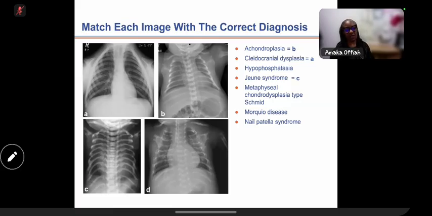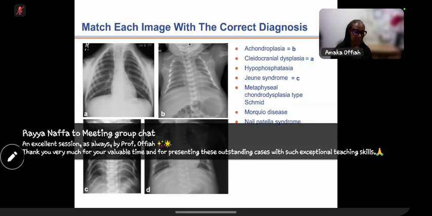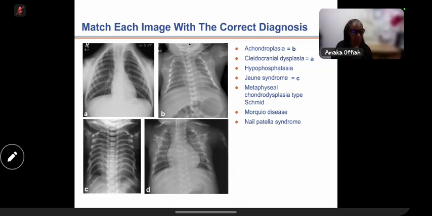C is maybe harder to know. It's Jeune, a short rib polydactyly syndrome, with or without polydactyly. Maybe the pelvis would be easier to help you make a diagnosis, but it's a live child. They often are live and very short ribs. And again, notice how much of the body of the scapula you're seeing outside of the ribs.